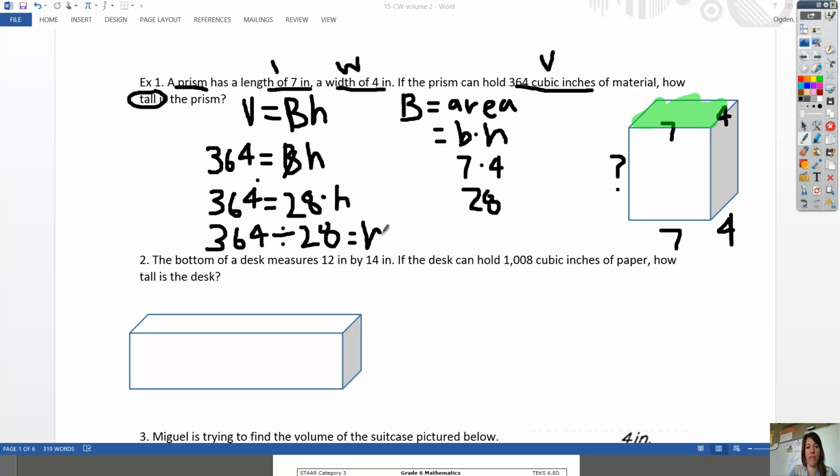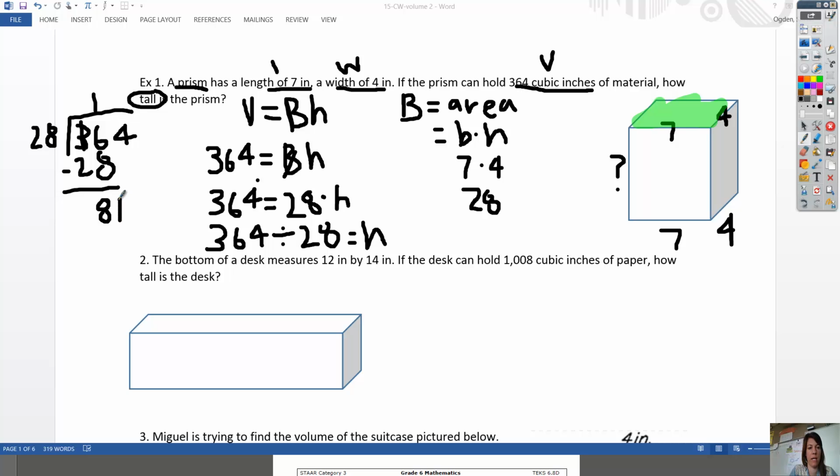If you need a review of that, I'll come over here. If you know this, you can just do the math. I'd encourage you to pause and try this on your own. 364 divided by 28. 28 goes into 36 one time, which is 28. When I subtract, I borrow from the 6: 16 minus 8 is 8, 2 minus 2 is 0.